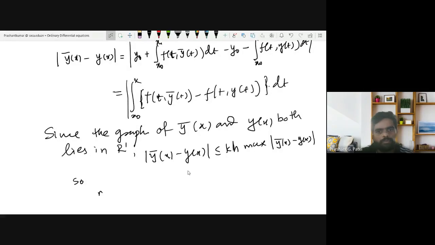So if I take the maximum on both sides, it will be k into h into maximum of y bar of x minus y of x. So this implies.